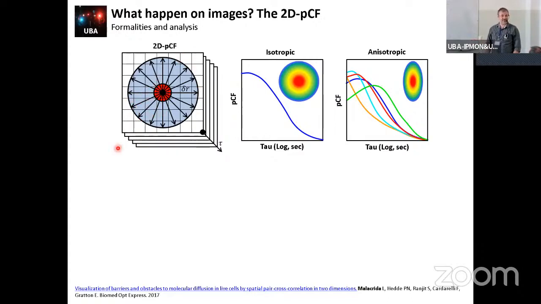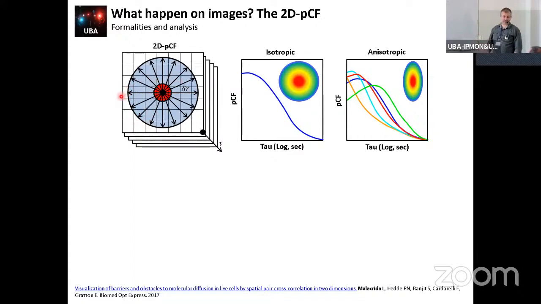With a camera, we can collect very quickly, on a millisecond time scale, 5, 10 milliseconds, all the pixels, so millions of pixels, 2048 by 2048 in the new CMOS cameras at this rate. And if we collect enough stacks, 10,000, we can do this 2D pair correlation for all the possible positions, for all the possible pixels in the image.